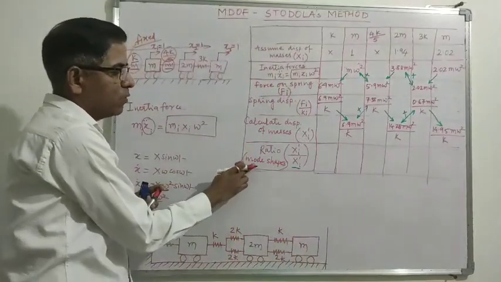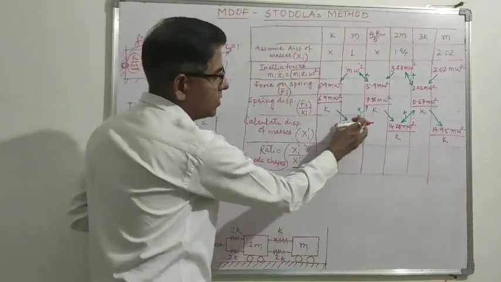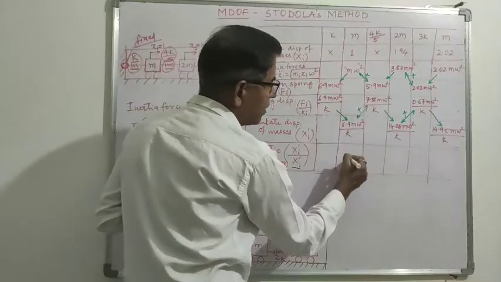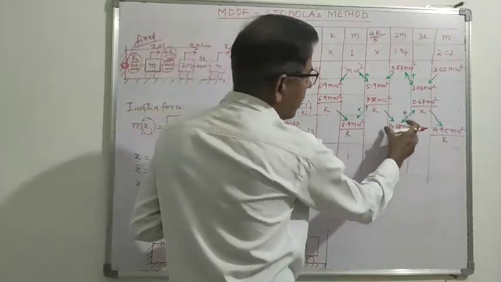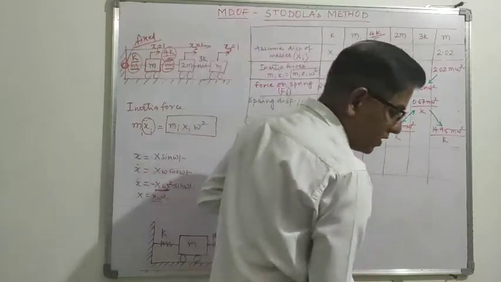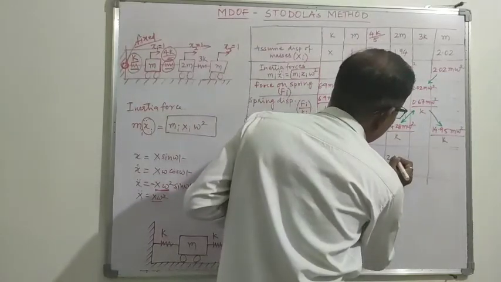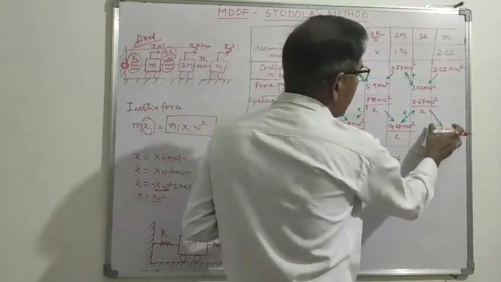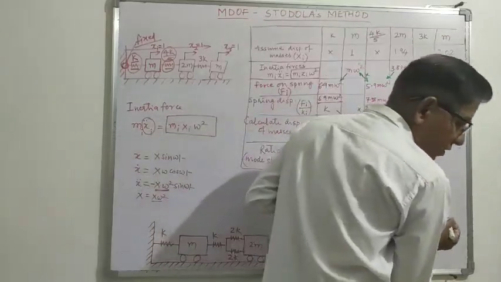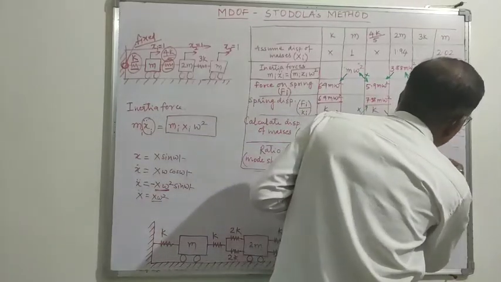Now if we calculate the mode shapes or the ratio, this value divided by this value will give the answer 1. Now this value divided by this value will give the answer as 2.06, and this value divided by this value will give the answer as 2.17.